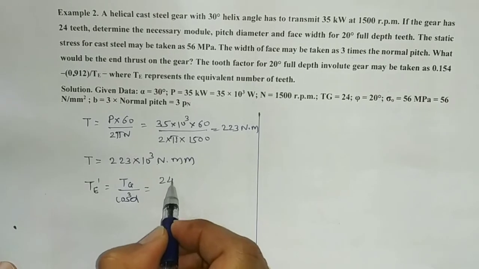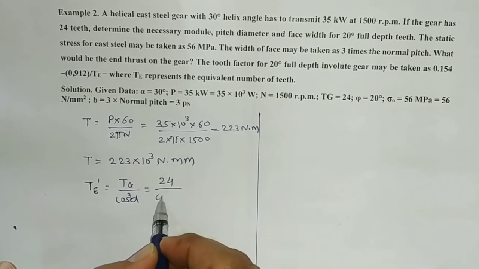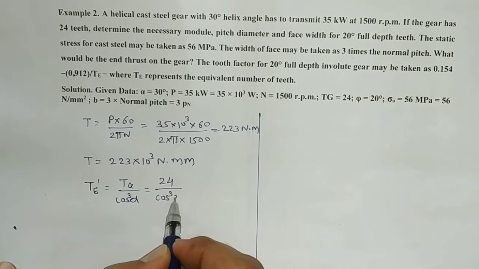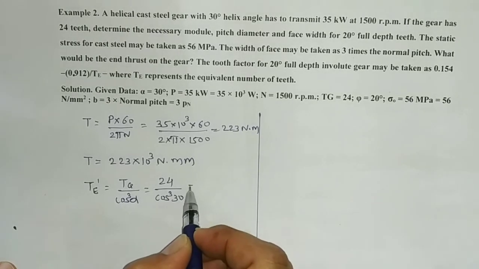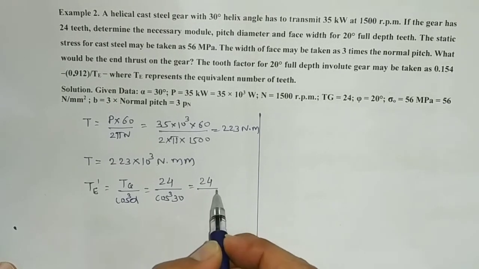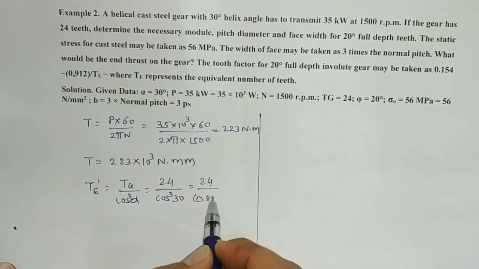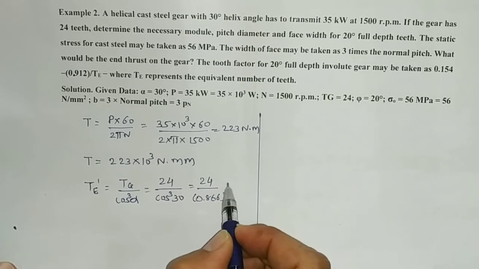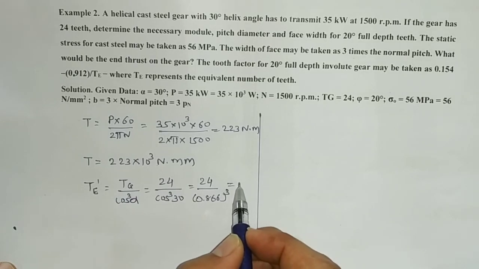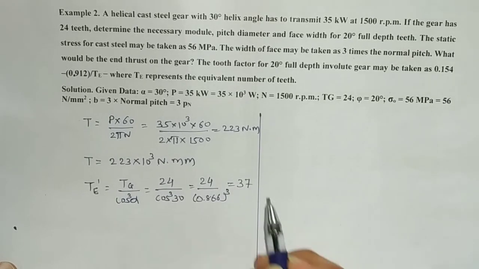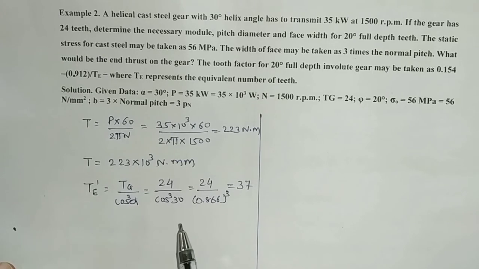So 24 by cos cube 30 degree, which is equal to 24 by cos 30, that is 0.866, cubed. Therefore the equivalent or formative number of teeth TE dash is equal to 37.